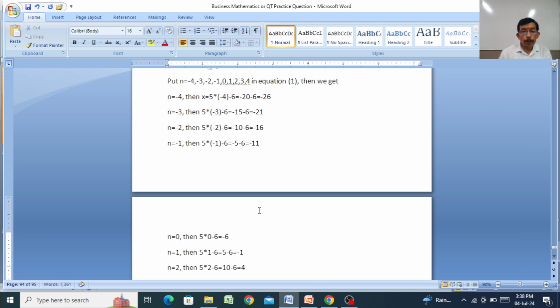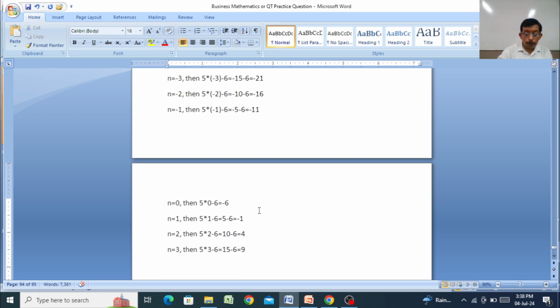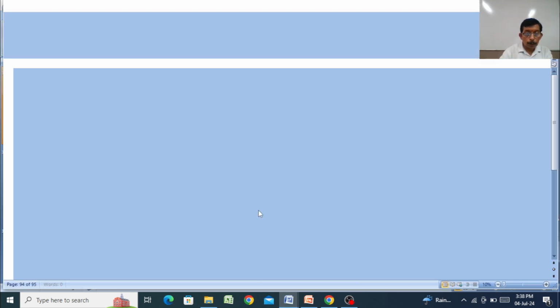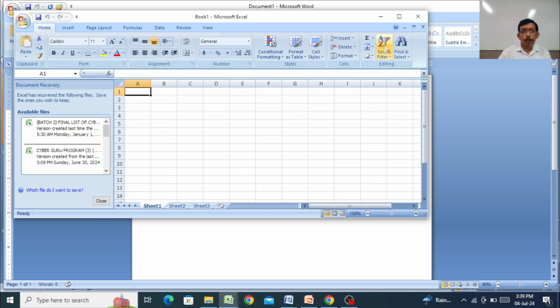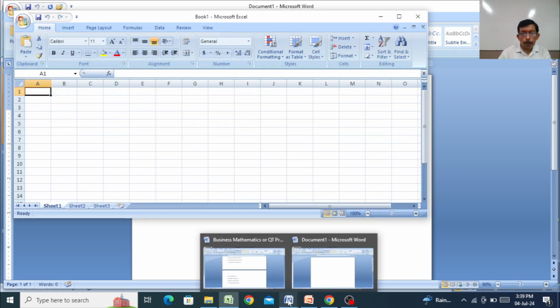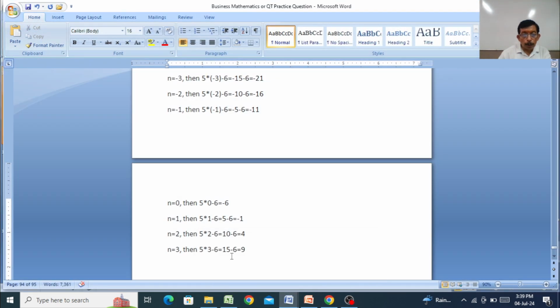Now n is equal to 4, then 5 into 4 minus 6 is equal to 20 minus 6 is equal to 14.